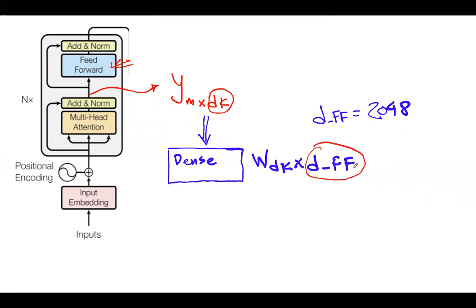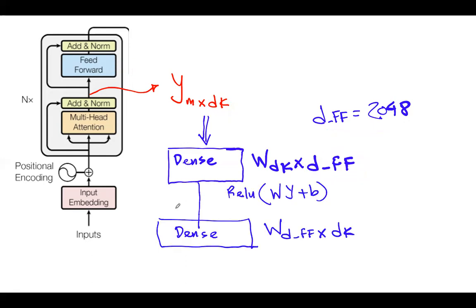DFF stands for the dimension of the fully connected, feed-forward layer. And typically people use this as 2048. Okay, so after this one, you will get some data which is M times 2048 dimensional. So that's the purpose of this dense layer.